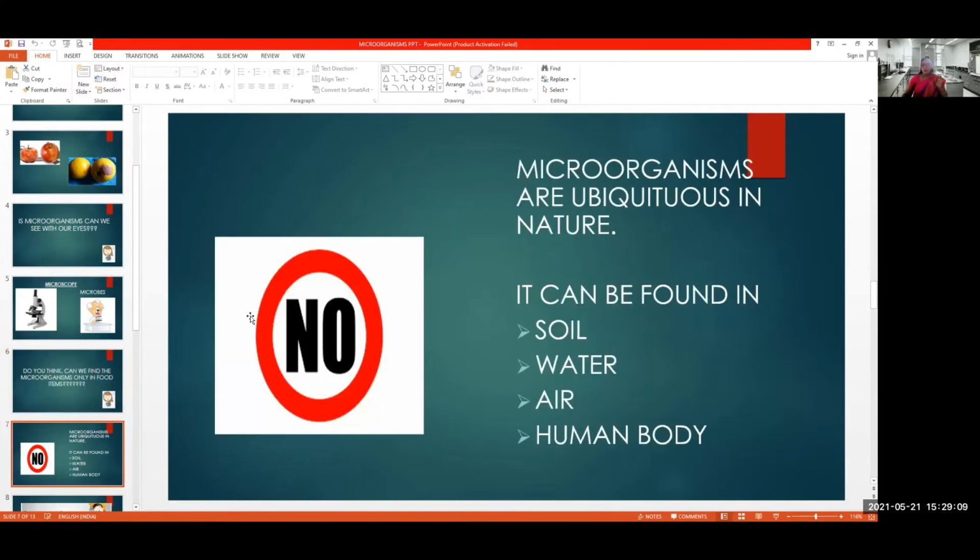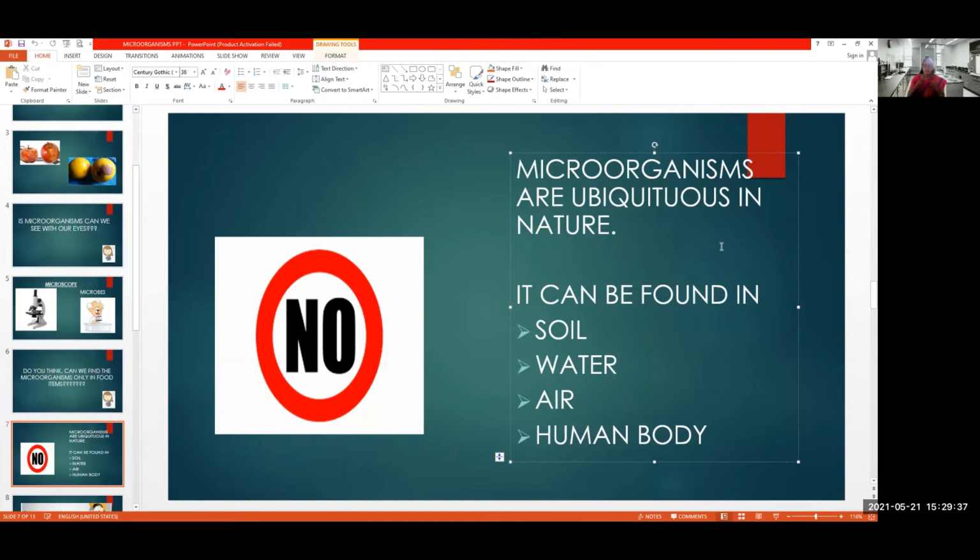Microorganisms are ubiquitous in nature. What is the meaning of this word, ubiquitous? Ubiquitous means it is present everywhere. This microorganism can be found where you are sitting, around you, around your mobile, around your laptop, around your notebook.